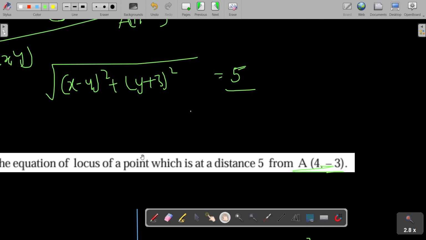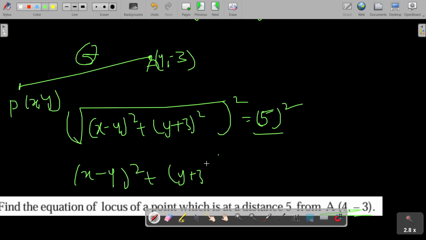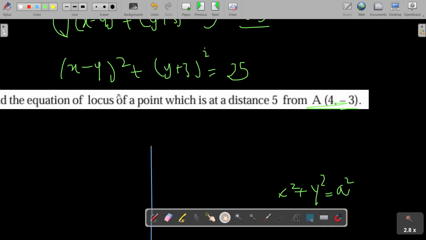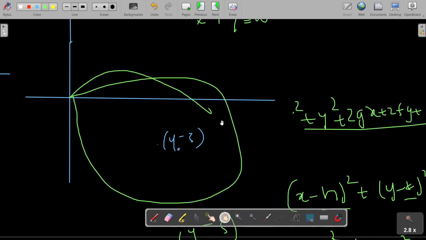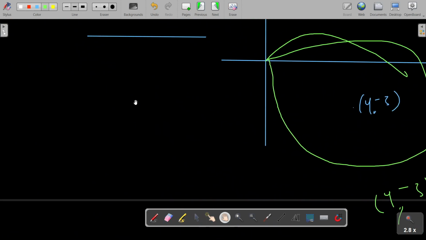Let's solve this equation. If I square on both sides, I get x minus 4 whole square plus y plus 3 whole square is equal to 25. As you can see, this thing right here and the thing I wrote here are the same.